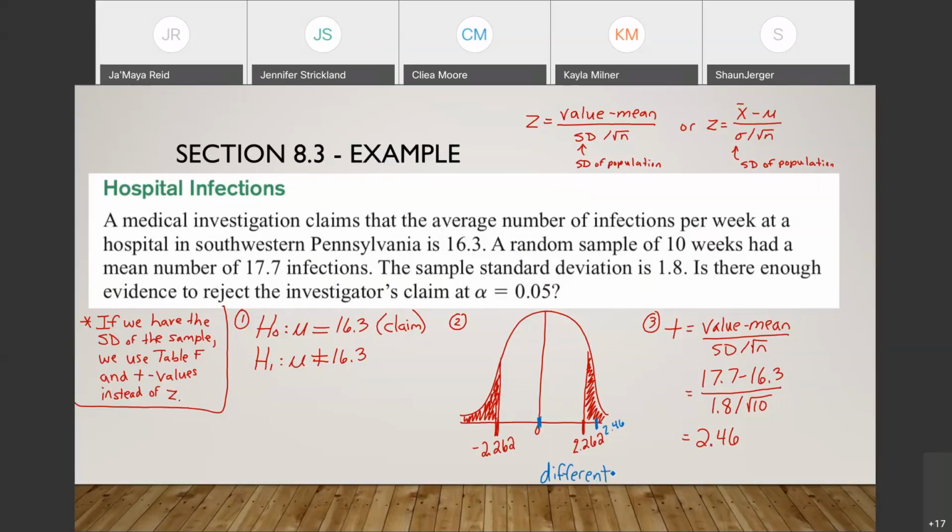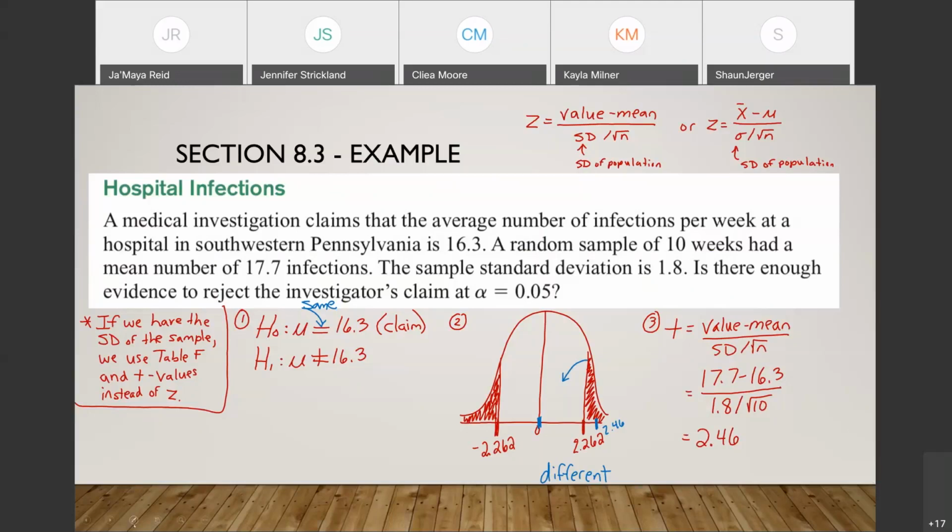If I wasn't in the shaded region, if I was somewhere over in here, I would be saying, yeah, they're basically the same number. But as soon as I cross that dividing line, they become different. The null hypothesis says that they're the same because it says that they're equal. So basically, I'm looking at this saying to myself, I don't agree with the null hypothesis.